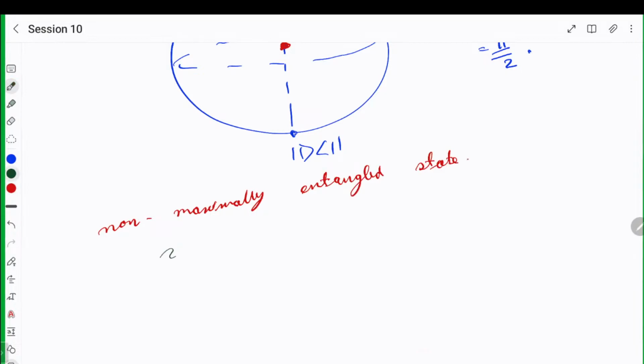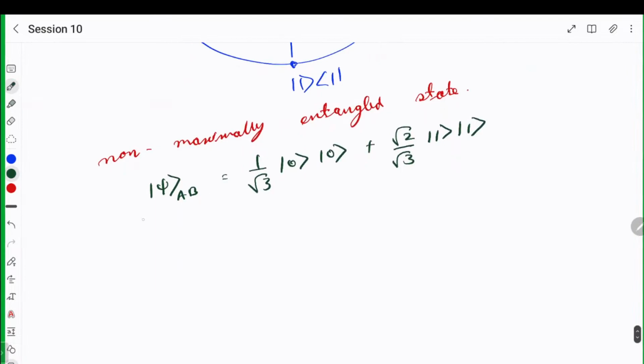Let's say I take this psi AB as 1 by root 3 |00> plus root 2 by root 3 |11>. I'll leave you to do the calculation: find rho AB. And then you can find rho A in the same way that I had done, by tracing out the subsystem B.